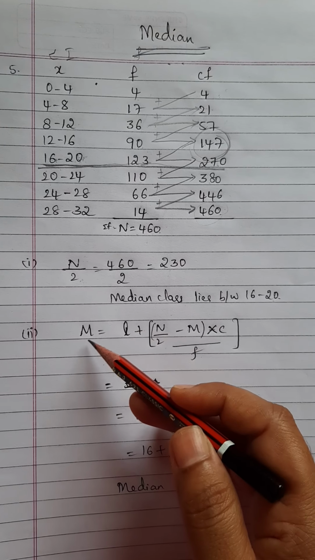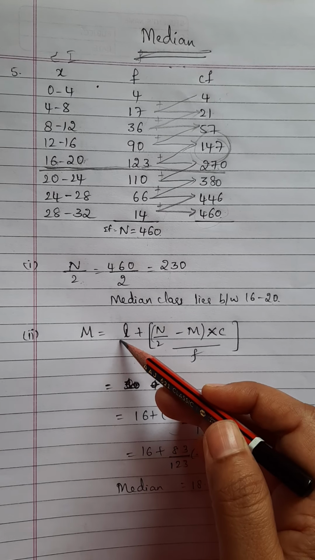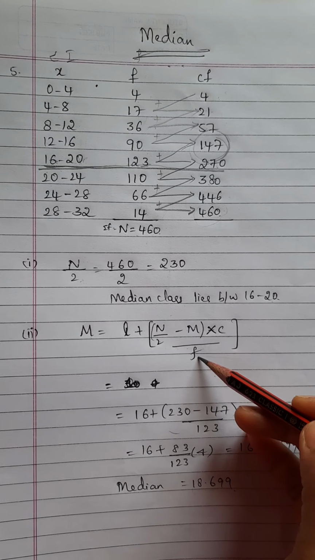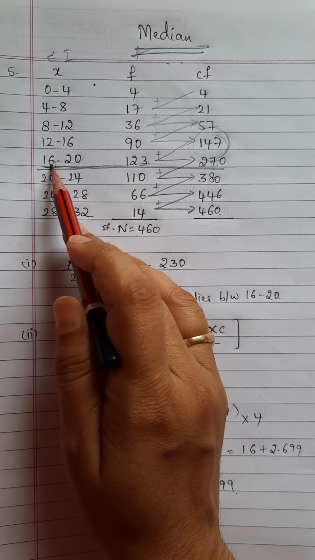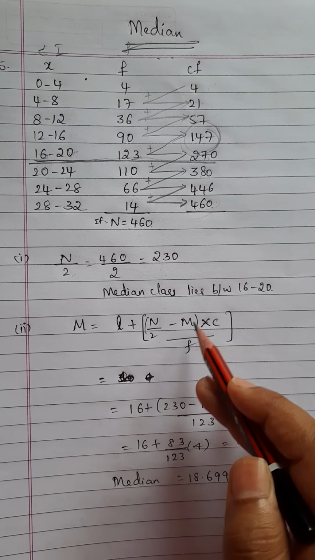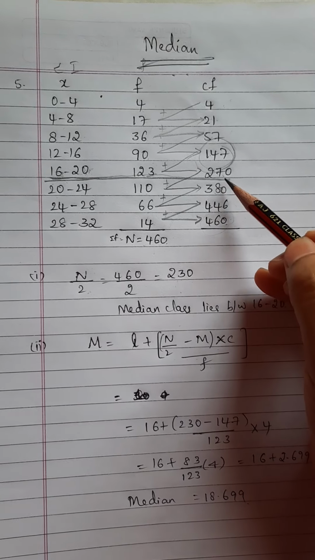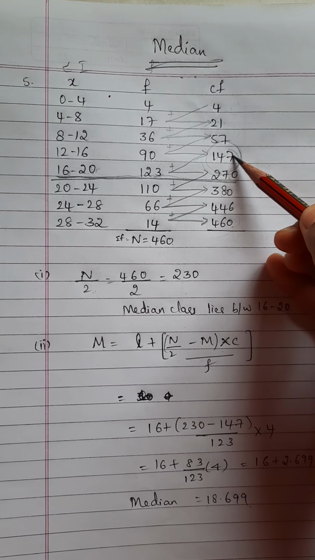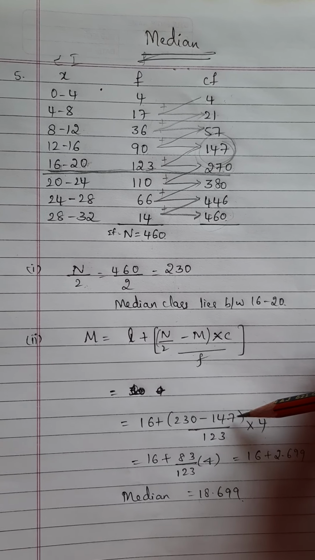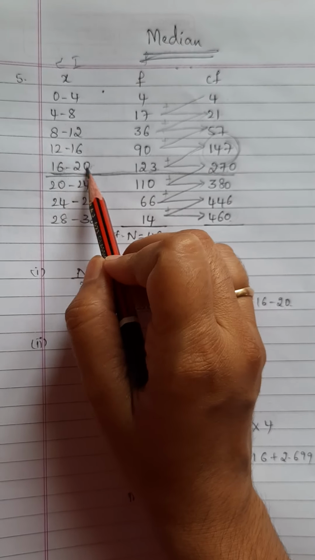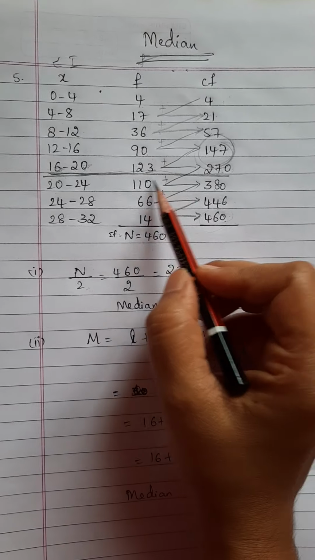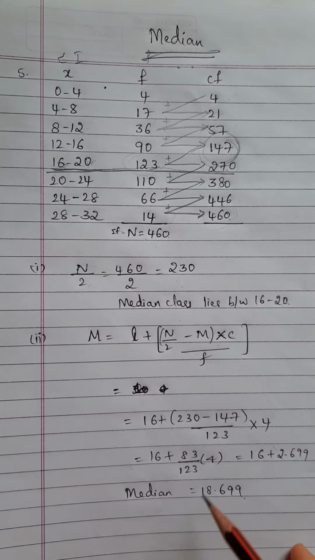In the second stage, I'll use this formula M is equal to L plus (N by 2 minus m) into C divided by F. L is the lower limit of the median class, that is 16, plus N by 2 is 230, minus m, the cumulative frequency preceding the median class, that is 147, into C, the difference between the class interval 16 to 20, which is 4, divided by F, the median class frequency 123.